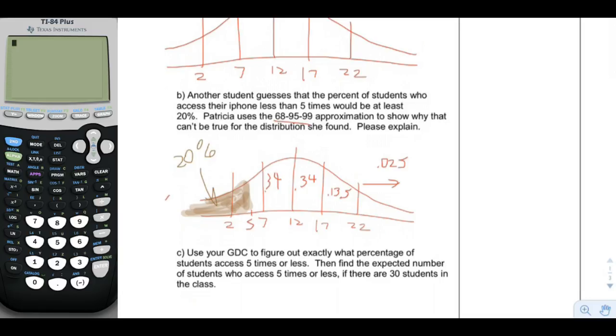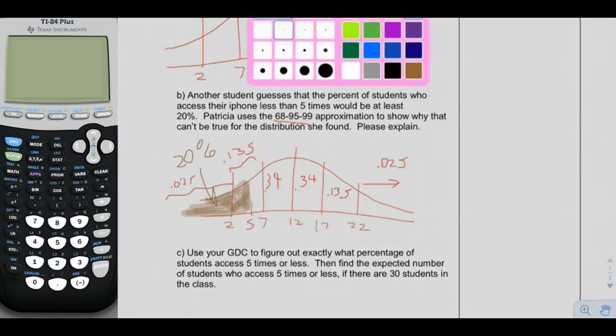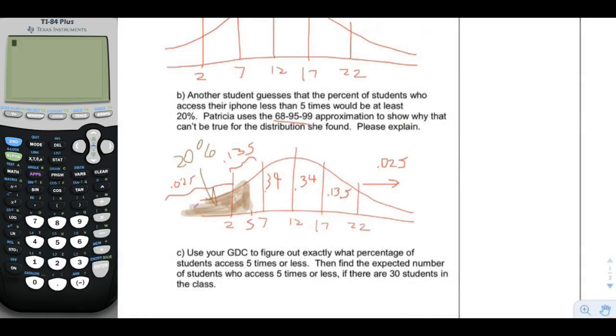Okay, so using that, can we figure out if 20% is a good estimation or not? So we know that this area here is 0.025. And we know that this area here is 0.135. Now, is that 0.2? No, actually 0.2 goes quite a bit further, doesn't it? 0.2 would not only cover this area and this area, that would add up to 16% so far, but also 4% of this area.